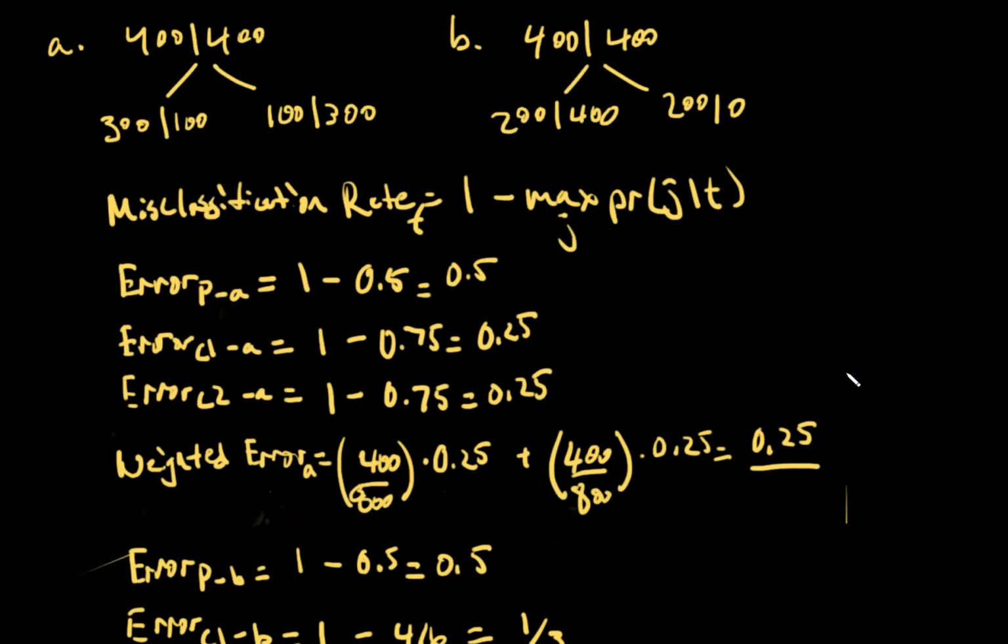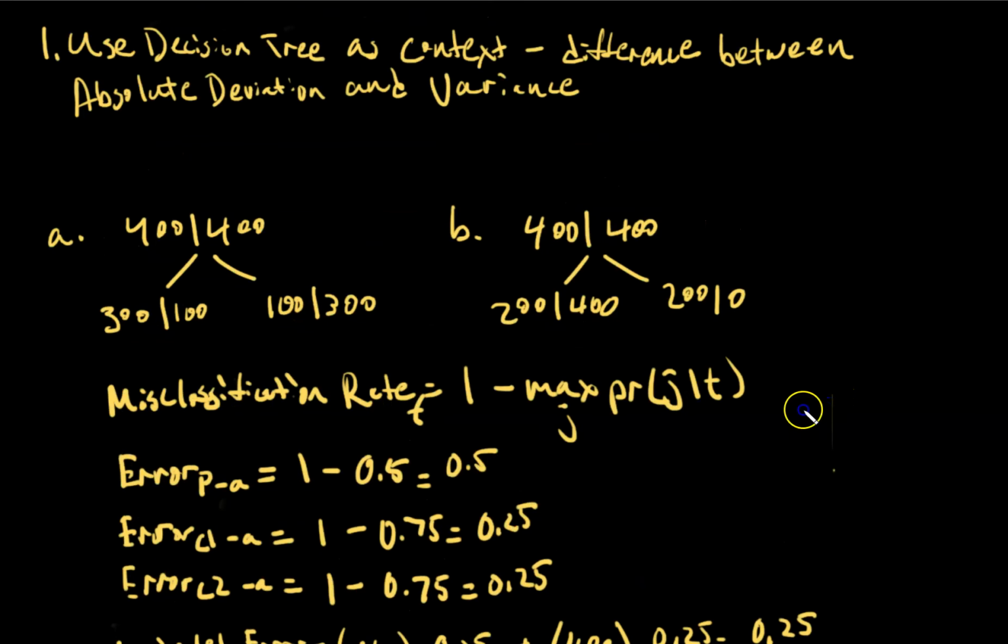But it seems like that doesn't feel right, because what do we have for B that we don't have for A? We actually have this node right here, where we only have what's called a pure node. We only have one class for a given node, and we don't have anything else in this node.